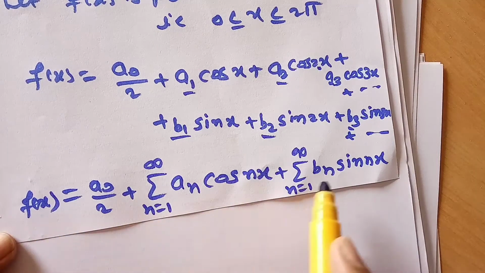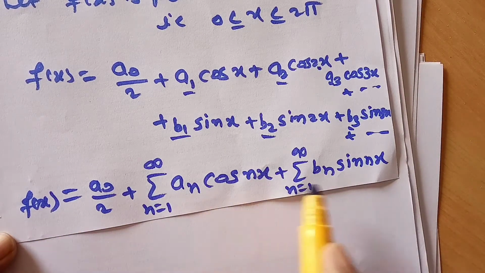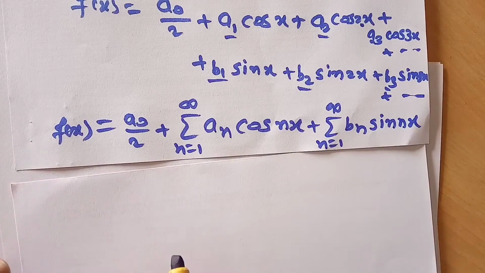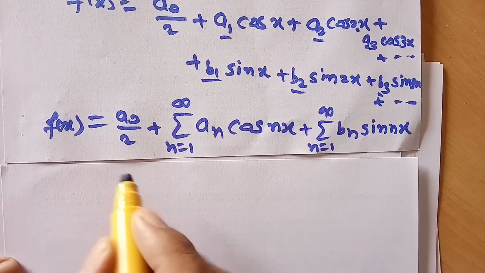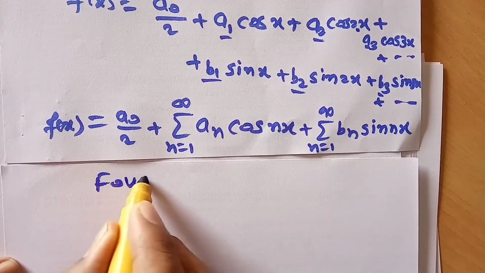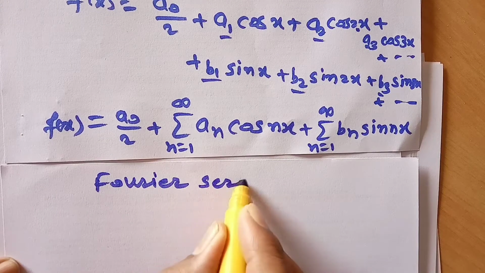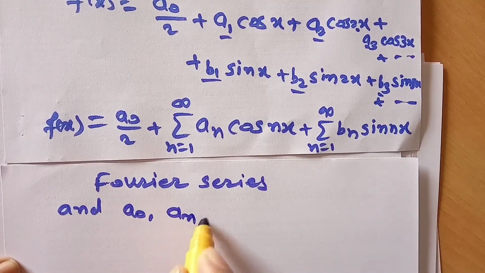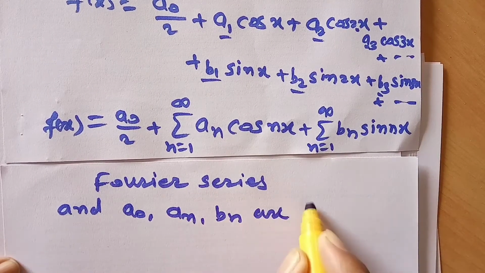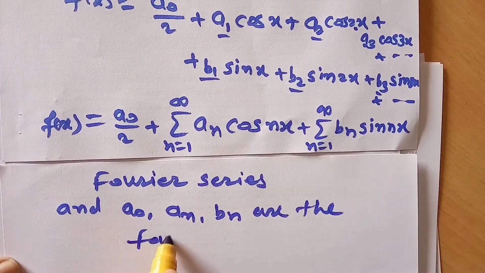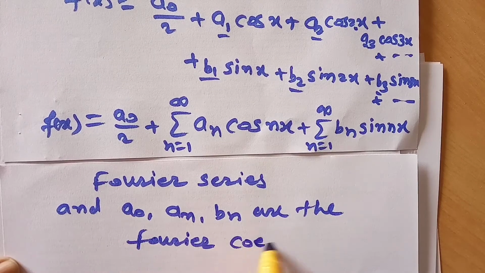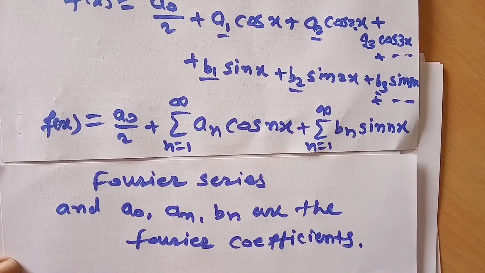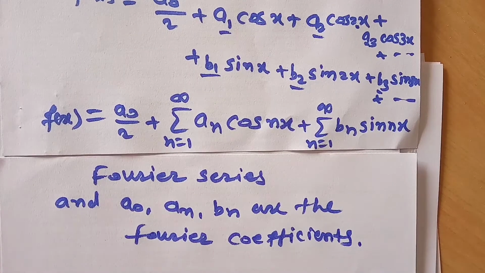This function is periodic and I can express it as a combination of sine and cosine functions. This expression is called a Fourier series, and a0, an and bn are the Fourier coefficients.